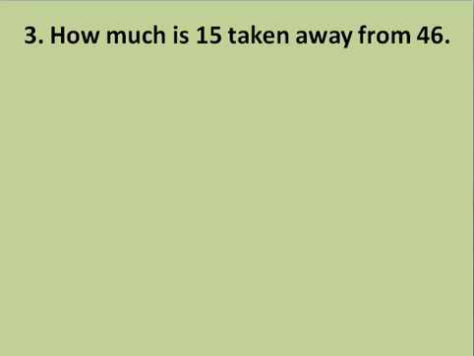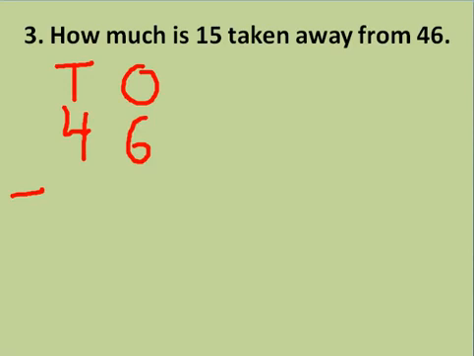I have told you the larger number is written first and the smaller one below it, and then the process of subtraction is started. These are two-digit numbers, so we will mark two places, ones and tens. The larger number here is 46, so 6 at ones place and 4 at tens place, putting the subtraction symbol, and the smaller number here is 15, 5 at ones place and 1 at tens place.